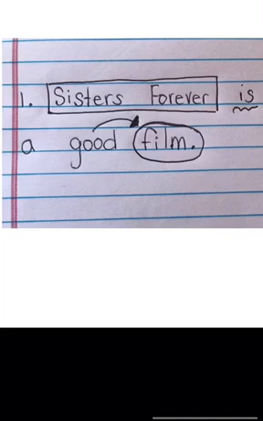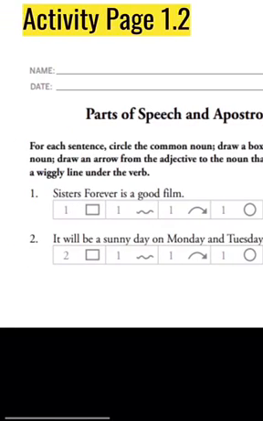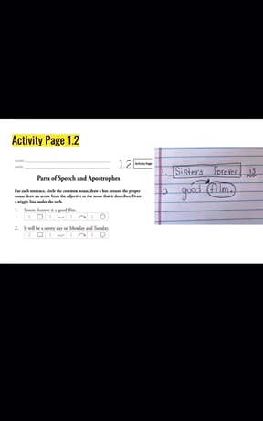So you're going to draw your arrow from good over to film. Okay, you're going to complete this page. You can pause this video or do it at the end. Okay, that brings me to apostrophes. An apostrophe can show ownership of something, or it goes where letters are taken out of a contraction. Let's watch this video so that makes a little bit more sense to you before we go on and practice on our worksheet.